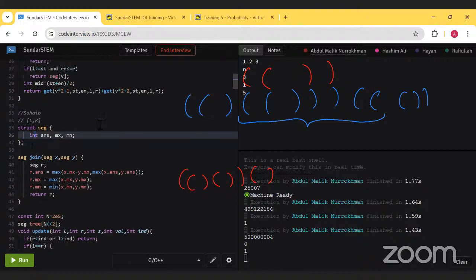So we just need to store like this, right?